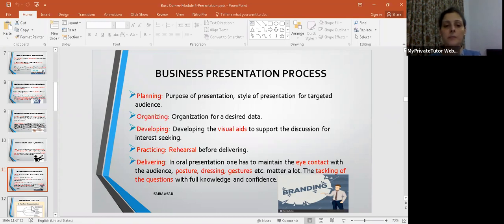Then developing the visual aids to support the discussion for interest seeking. Mostly you must have seen, and you must be looking at the slides of mine as well, I always try to put one image on each slide, because it's going to give you more understanding.